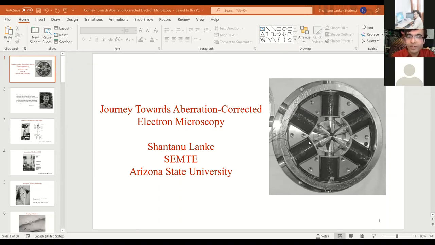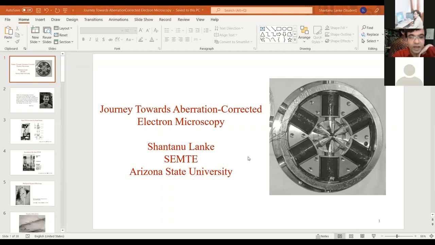Here on my first slide, you can see this small piece of hexapole corrector element. It's non-rotationally symmetric, and you can see the multiple components here, which was used in the very first aberration corrected microscope.